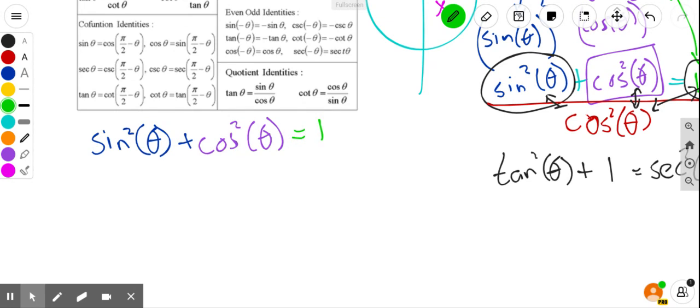If this is what I got from dividing by a cosine squared, then let's divide it all by a sine squared of theta, right?